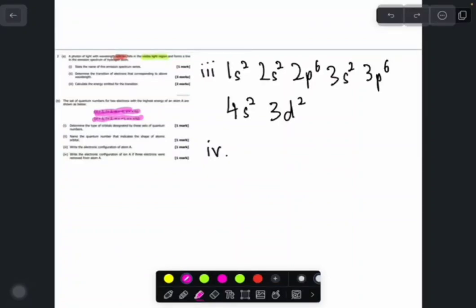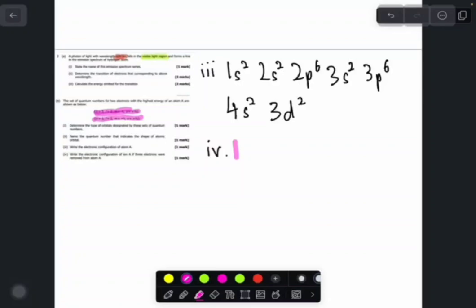So you have to rearrange it according to the actual positioning, just following the number, for you to understand which is the valence electron here. So if I were to write it correctly, instead of following the energy, I'm just going to write it according to number.